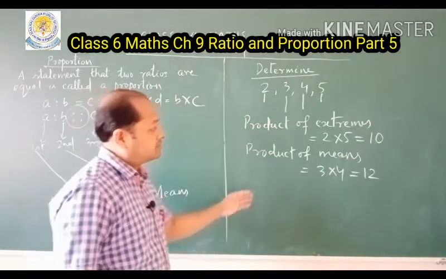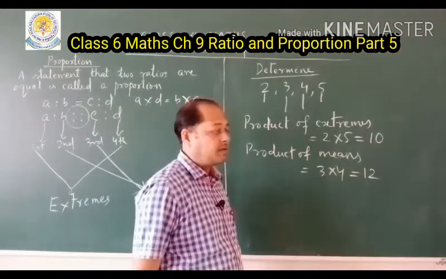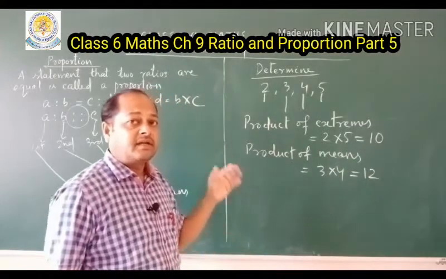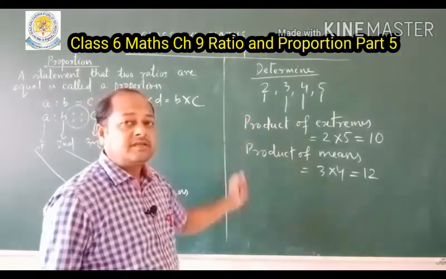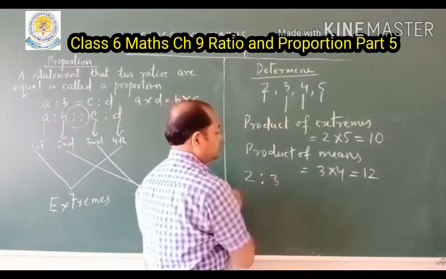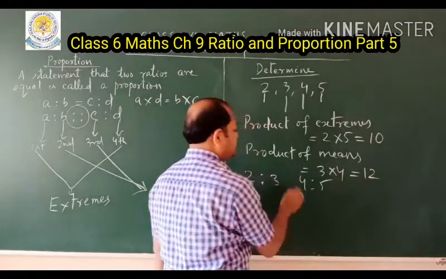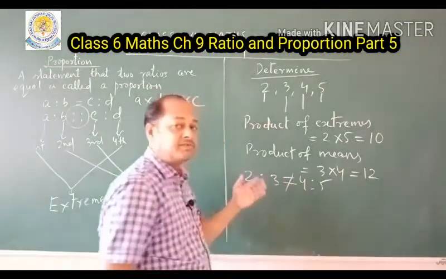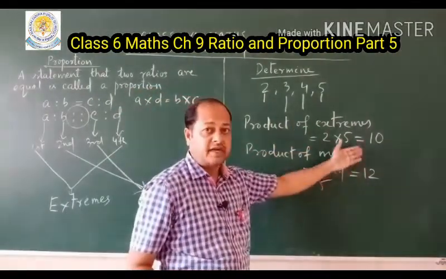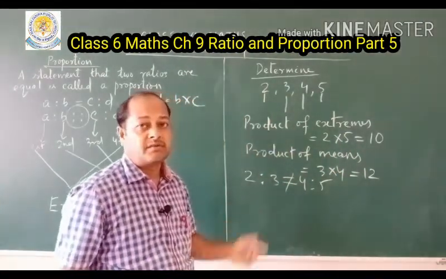We observe that the product of the means is not equal to the product of the extremes. Then we cannot say that it is in proportion. That means this ratio, 2 is to 3 and 4 is to 5, these ratios are not equal, hence it is not a proportion. If the values are the same, we can call it a proportion, but in this case it is not a proportion.